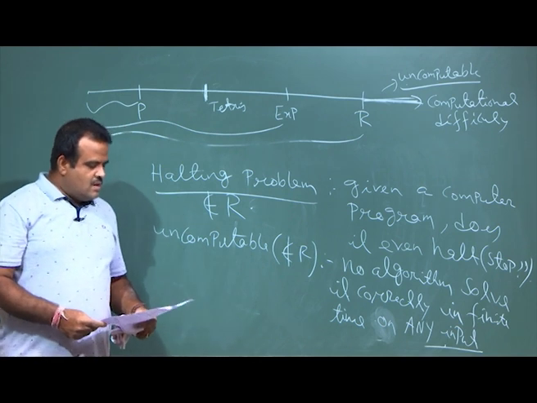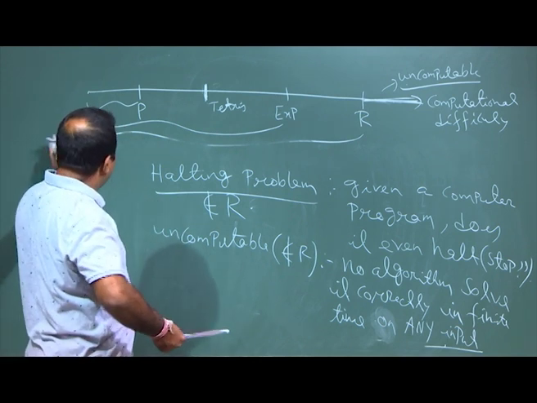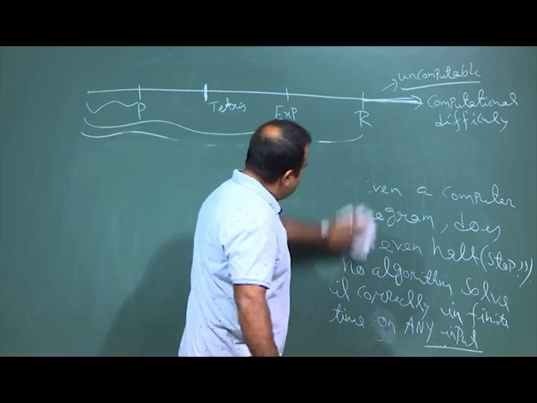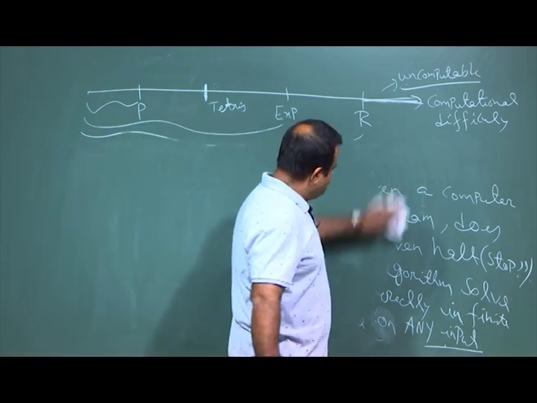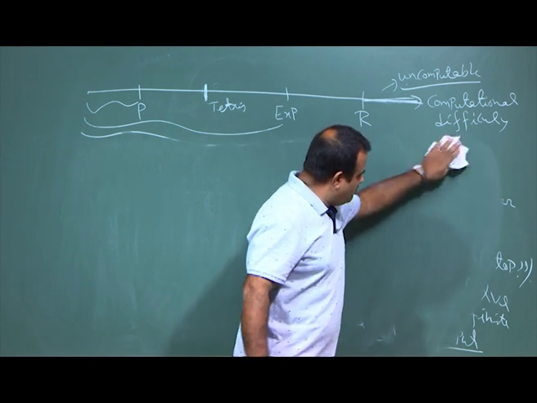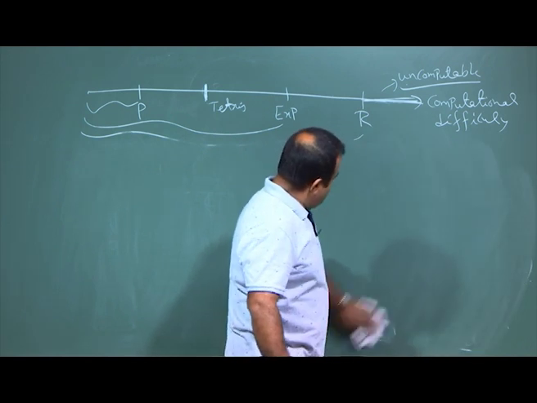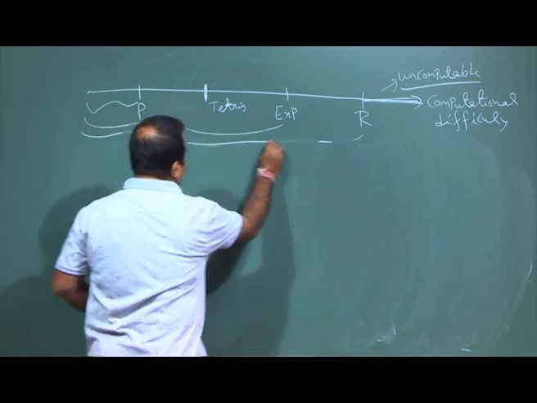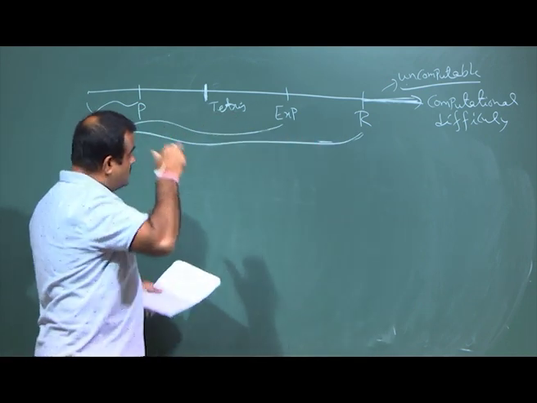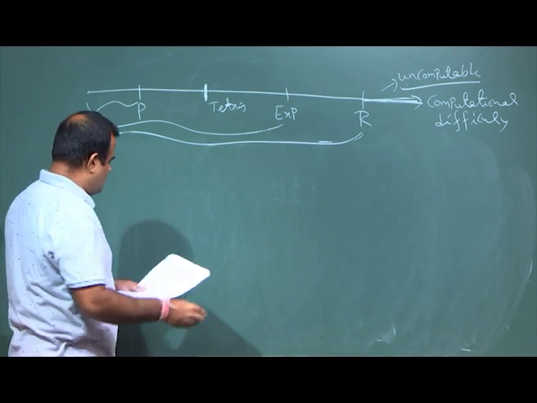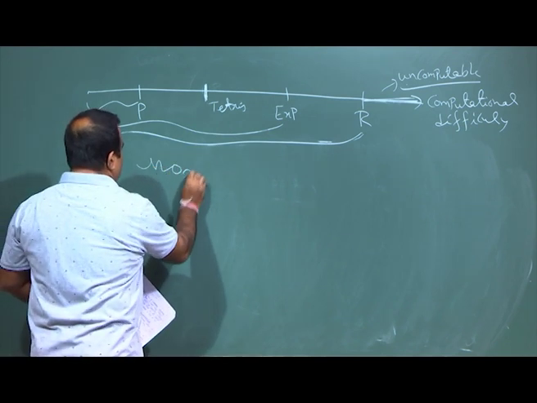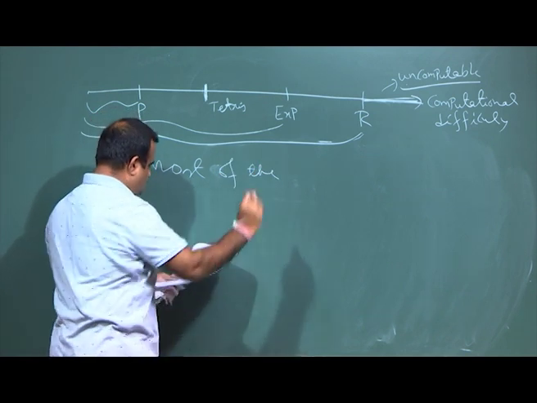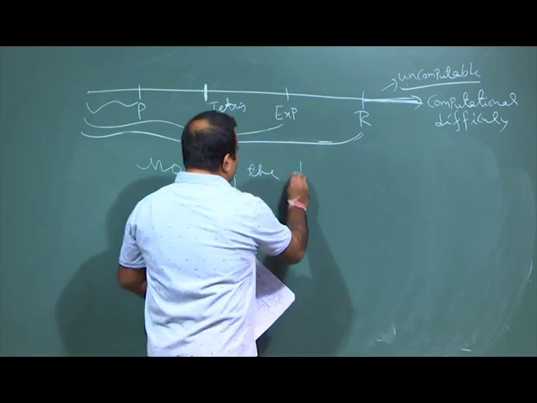Okay. So, now our claim is that most decision problems are uncomputable, that is, they do not belong to R. This is our next conclusion. So, what is a decision problem?